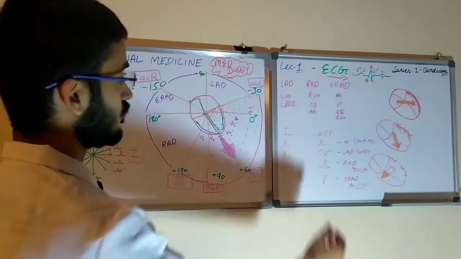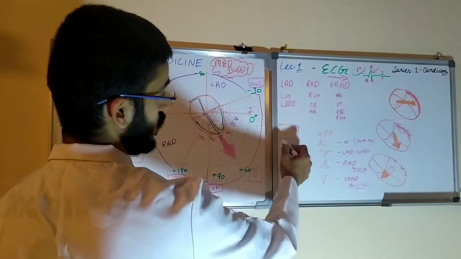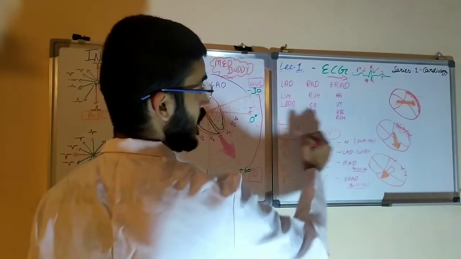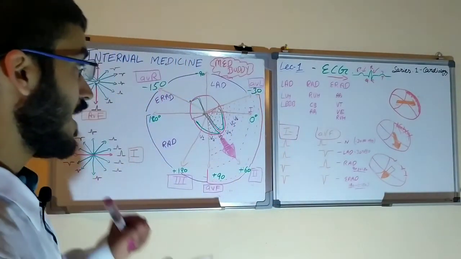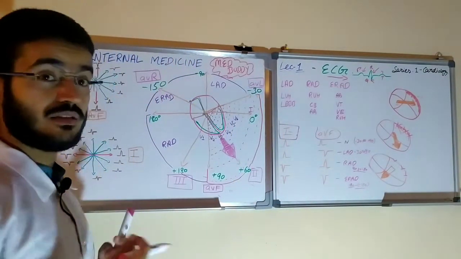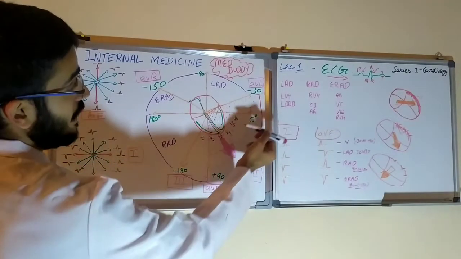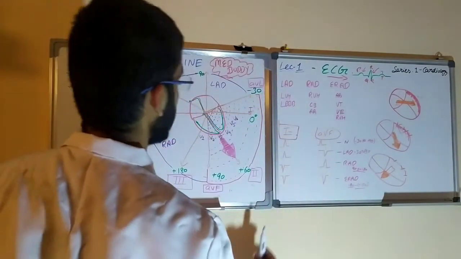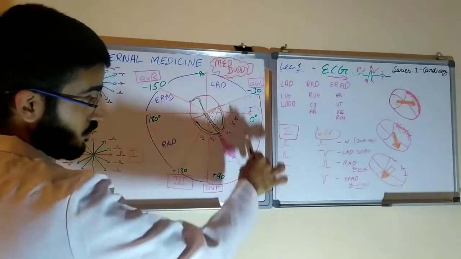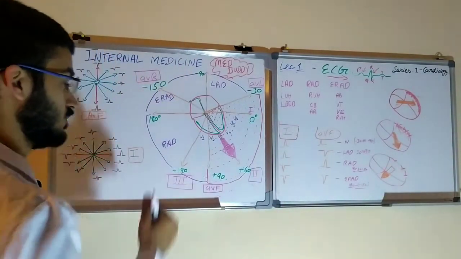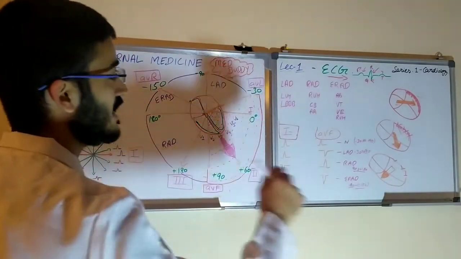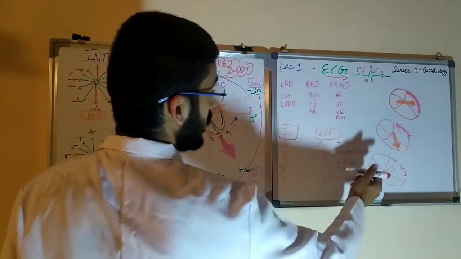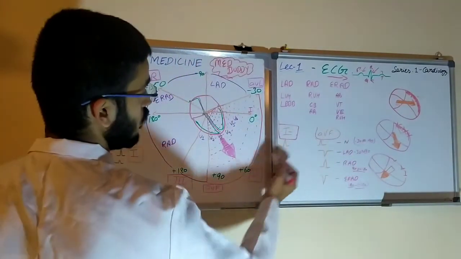Let's see. We have two leads, lead 1 and AVF. Lead 1 is a bipolar lead, and it looks at the heart right from the horizontal direction, while AVF looks at the heart right from the vertical direction. So using these two leads, we can easily tell if there is an axis deviation or not.